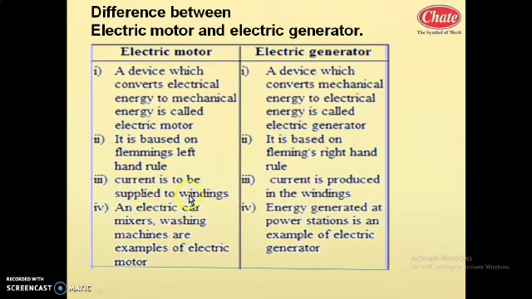In a generator, current is produced in the winding; here current is the output, since it is a generator. Examples of electric motors are electric cars, mixers, washing machines and fans. An example of an electric generator is the electric energy generated at power stations. Electric generators are used at power stations.